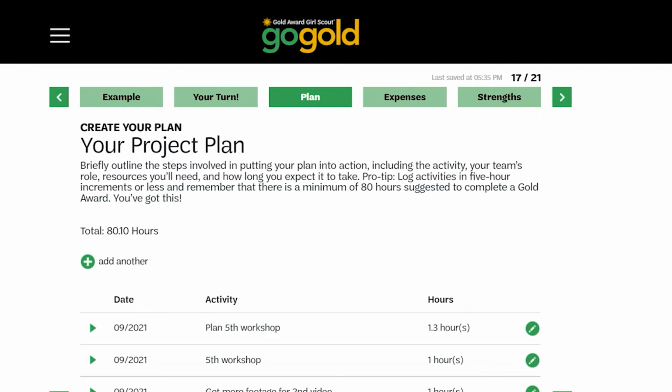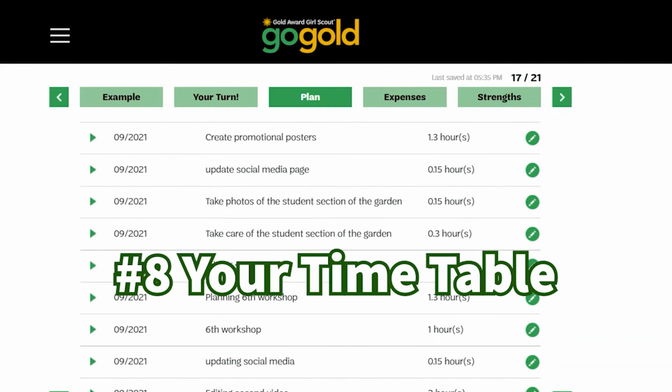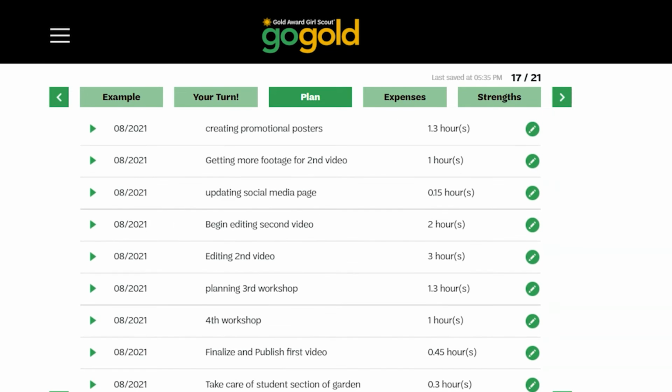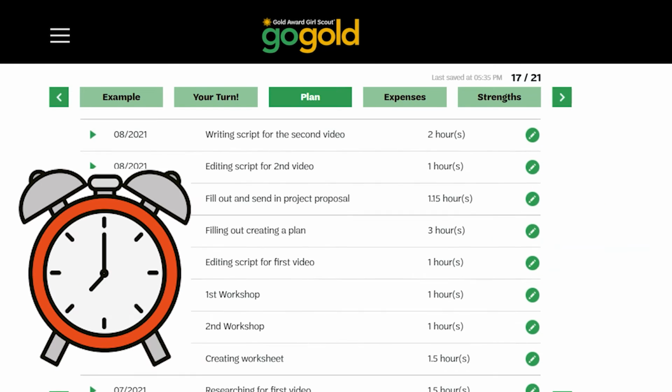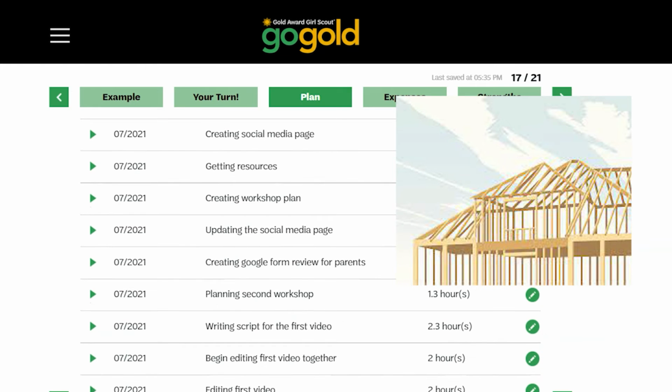Here we get to the 8th, and in my opinion, the longest slide, because you have to create an entire plan with all of your hours, and it creates a general frame and outline of how long you think it's going to take your project to be completed.